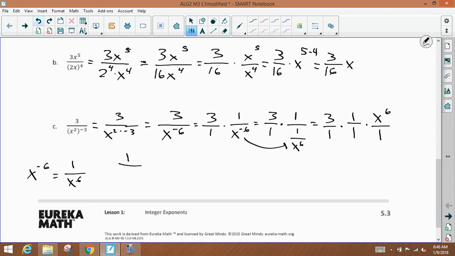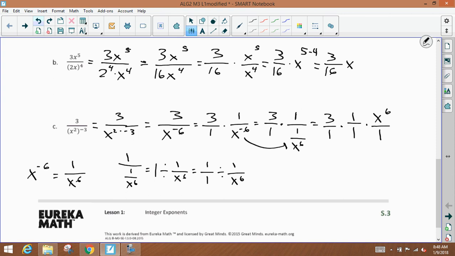This 1 over 1 over x to the 6 is the same thing as 1 divided by 1 over x to the 6, which is the same as 1 over 1 divided by 1 over x to the 6.